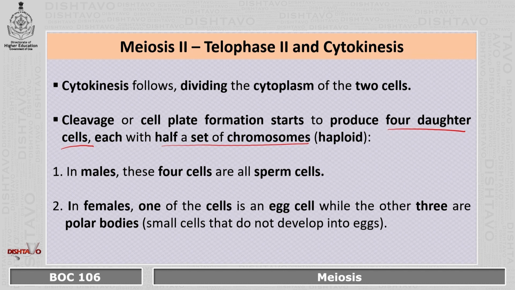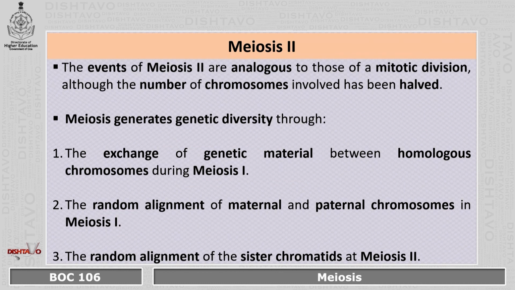In males, these four cells are all sperm cells. In females, one of the cells is an egg cell, while the other three are polar bodies, which are small cells that do not develop into eggs.